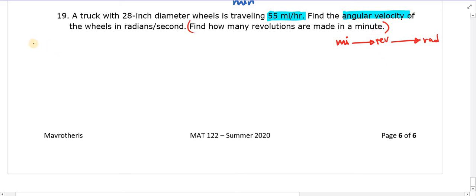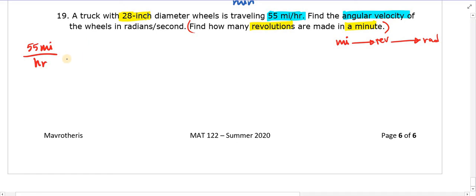What do I have? I have 55 miles per hour, and I want to convert them first into revolutions per minute. So I know that I have to convert my miles into inches in this case, because the diameter of the wheel is measured in inches, and my time has to be converted into minutes.